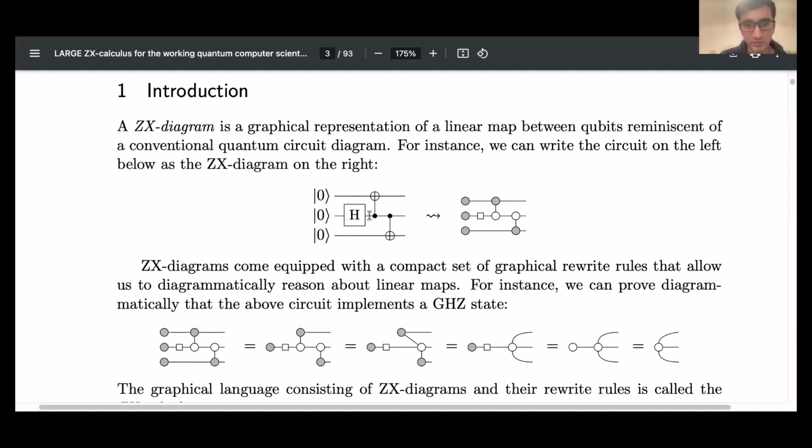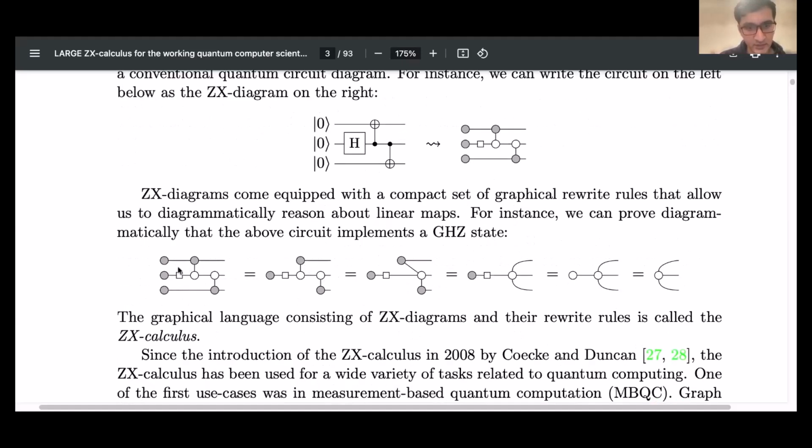First you need to map this to the spider diagram, which is what you have on the right hand side. These are basically the red spiders that you have seen. These white spiders are the green spiders, and this is the Hadamard gate. The Hadamard gate itself is made of 3 spiders, which they haven't shown here. Using the diagrammatic rules, you can simplify this diagram like this.